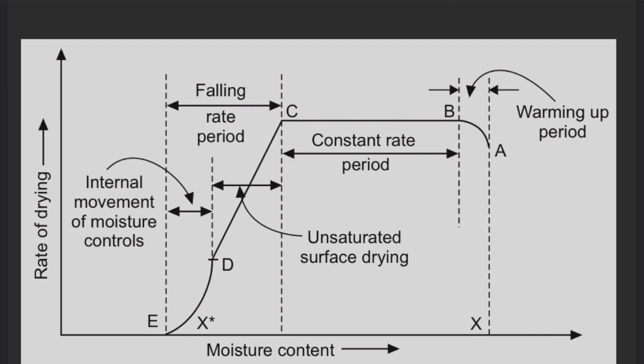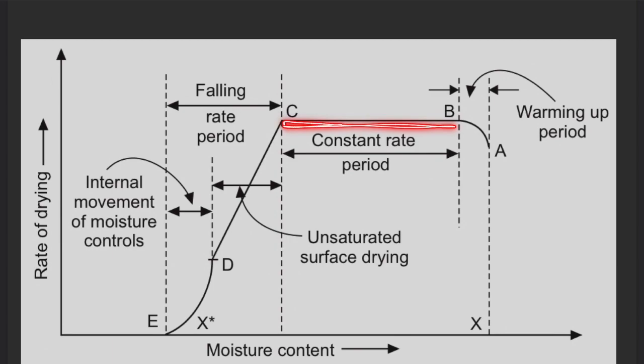We can imagine that if we dip a solid inside water, on the surface we will have a lot of water, and that can be removed easily. So up to point C, we will not have any effect on the rate of drying.